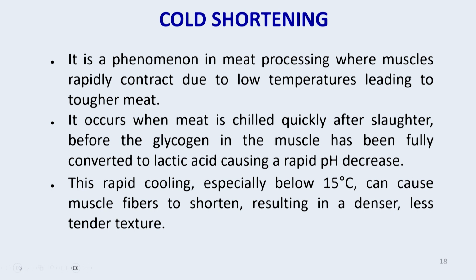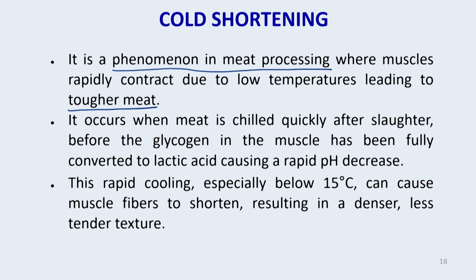Next one is cold shortening. This is a process which takes place in meat. It's a phenomenon in meat processing where muscles rapidly contract due to low temperature, leading to tougher meat. It occurs when the meat is chilled quickly after slaughter before the glycogen in the muscle has been fully converted to lactic acid, causing a rapid pH decrease.